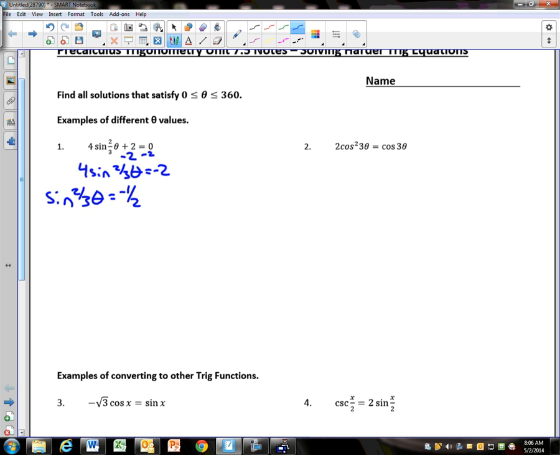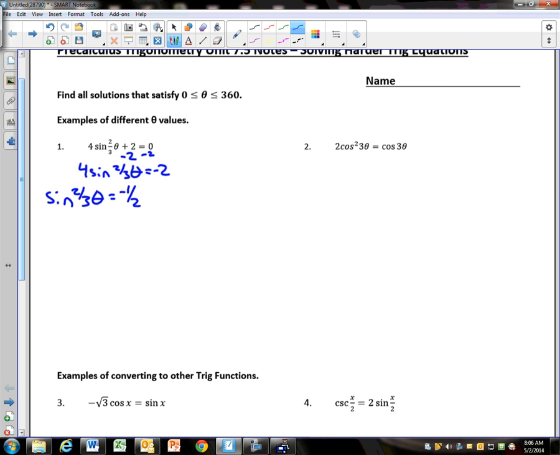In order to solve for theta, what has to move? The sine and the 2/3. So we got to get rid of the sine and the 2/3. Which one do you think you get rid of first? Got to get rid of the sine. Before we can get to the 2/3, you got to get rid of sine. How do you get rid of the sine? Inverse. So at this point, we have to inverse.